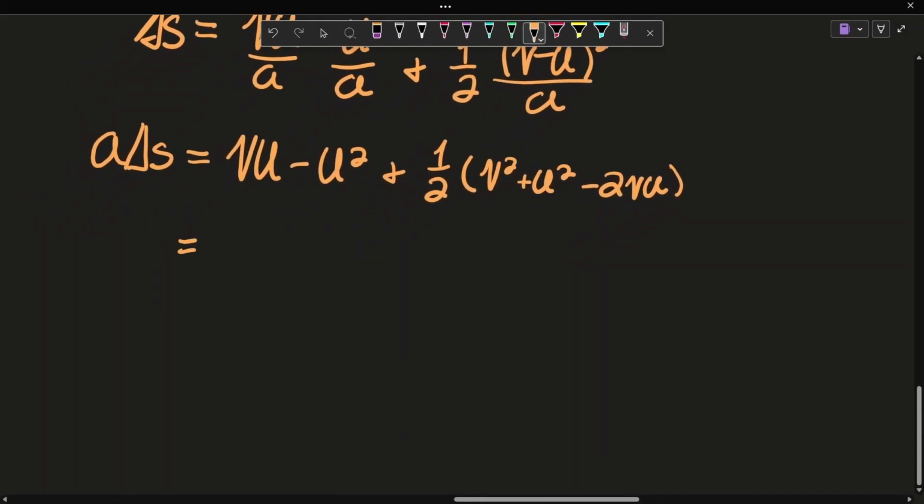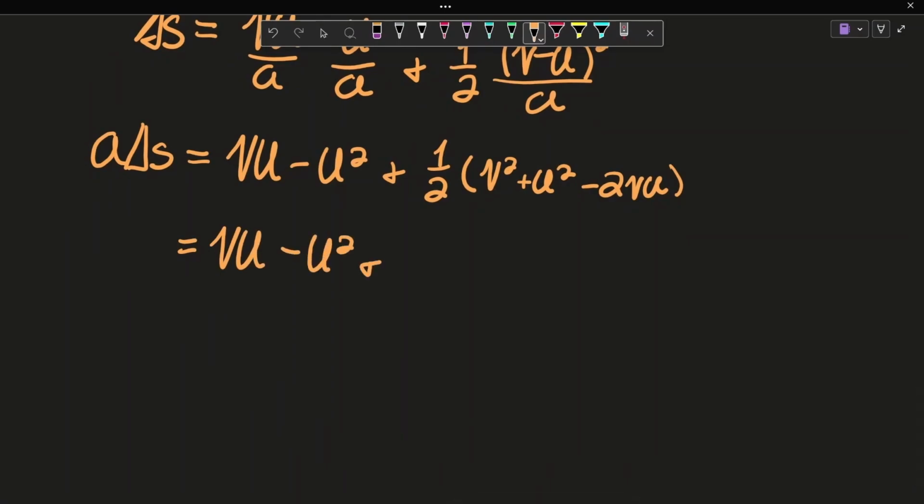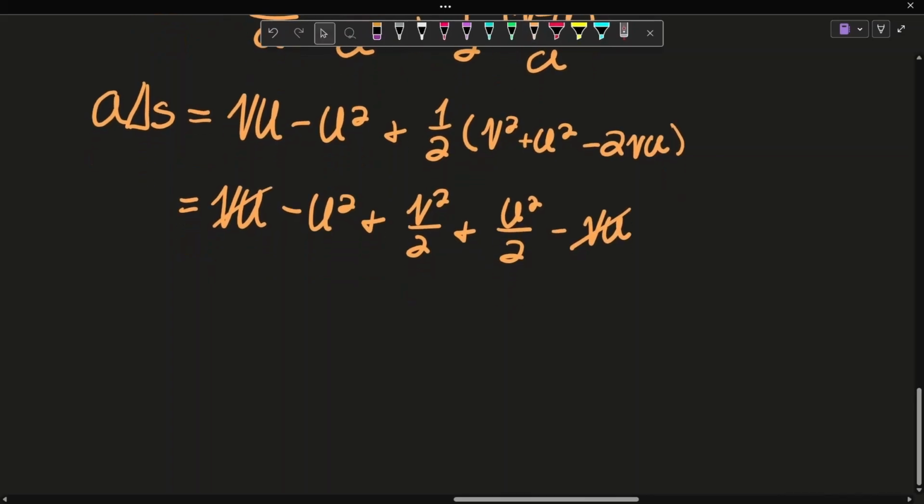Okay. Then from there we get vu minus u squared plus, and we can expand the 1/2 into each term, so we get v squared over 2 plus u squared over 2 minus vu. So now these two terms cancel out.